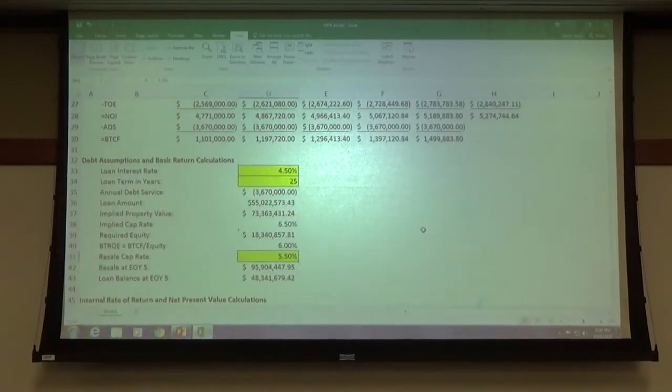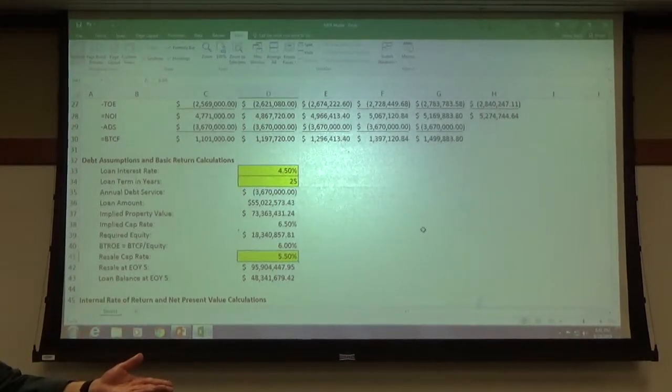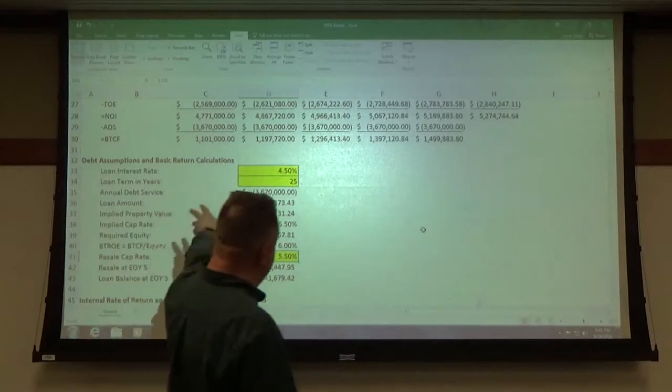You put $100 into a bank account today and you want a 5% rate of return, or a 5% cap rate. That means that a year from now, that $100 is going to have $5 worth of interest, or basically the property is now going to be valued at 105. Does that make sense? Yes or no? Okay, so that's basically what we're pretty much saying here.